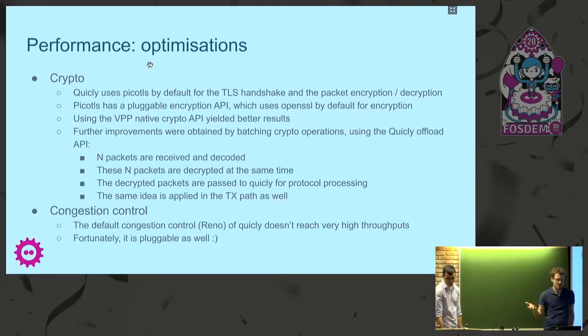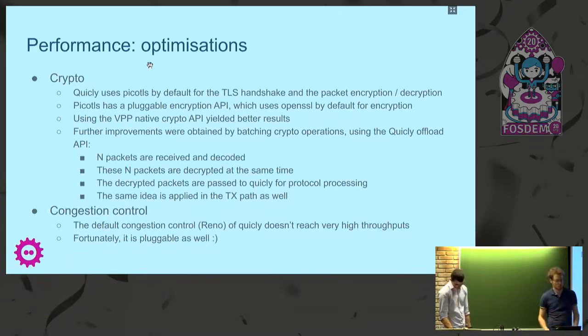And as the API for this is pluggable, and as VPP now supports a native crypto API, we tried to use the VPP crypto API inside of Quickly in order to yield better results. And we also tried to do some batching of the crypto operations in order to improve speed.